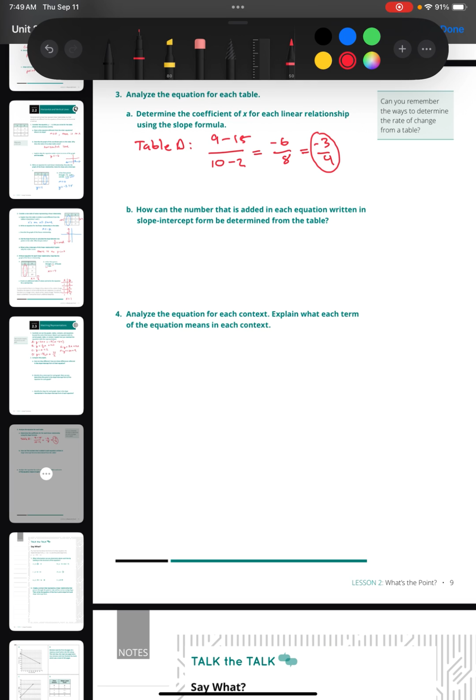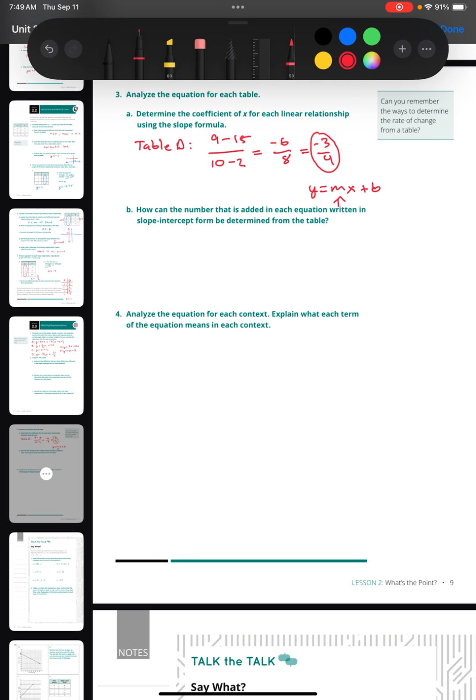So that'd be your slope, which would be your coefficient of x. Remember, thinking of slope-intercept form, the coefficient of x is always our slope. Okay, so you could check that with each equation, see what conclusions you come to.